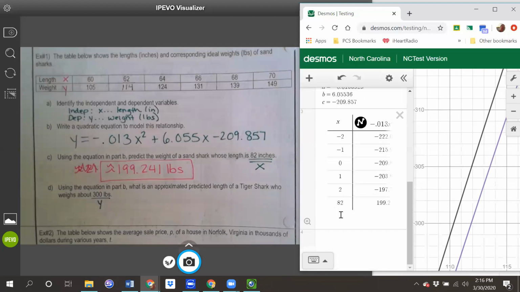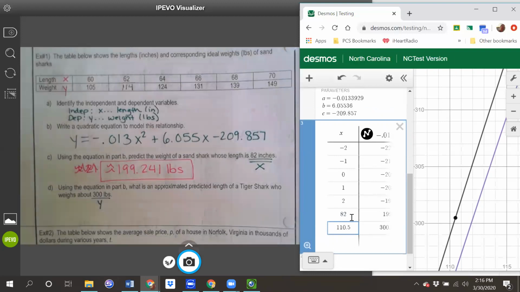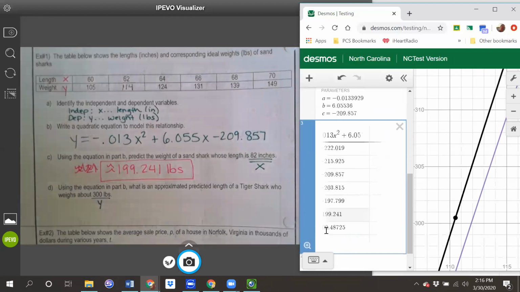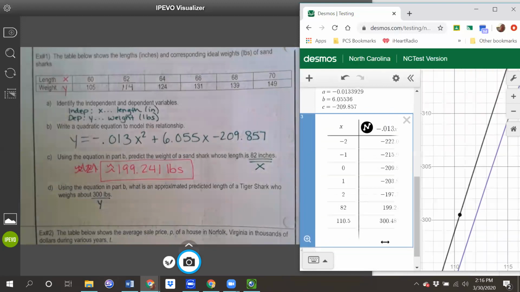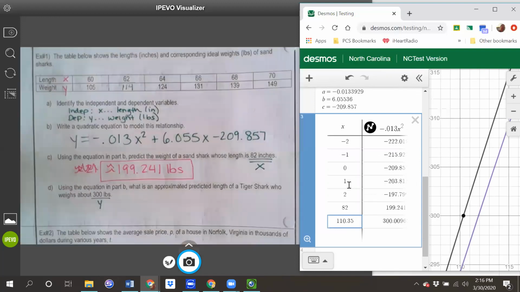Well, how could I get that estimate? Could I try 110 and a half? Oh, look at how close that was. 300.4. I could back that off a little bit and just keep making some valid guesses. Oh, that is super duper close. It's probably the best estimate I'm going to get.